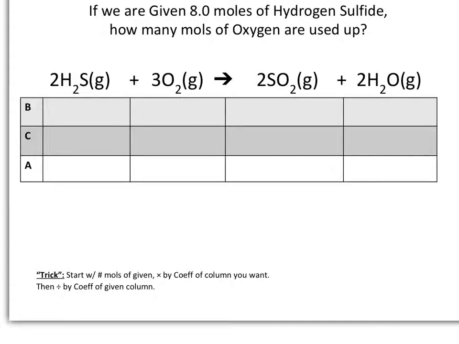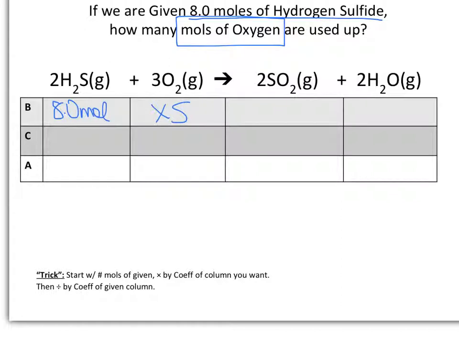So in this problem here, we are given that we have 8 moles of hydrogen sulfide, and we want to know how many moles of oxygen are used up. So we have 8 moles of hydrogen sulfide. We're going to plug that in here, and we have excess oxygen, possibly. We don't know how much we have.